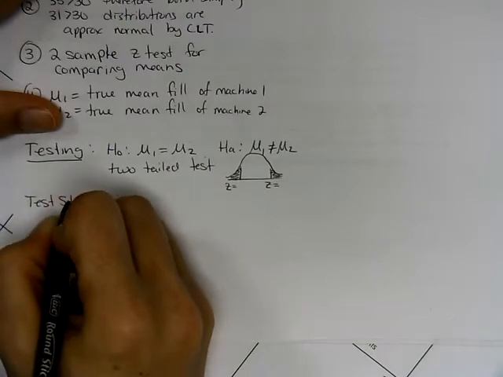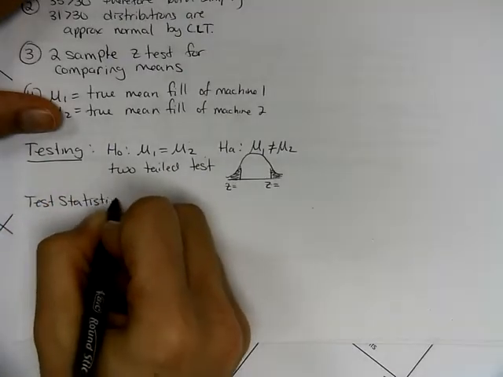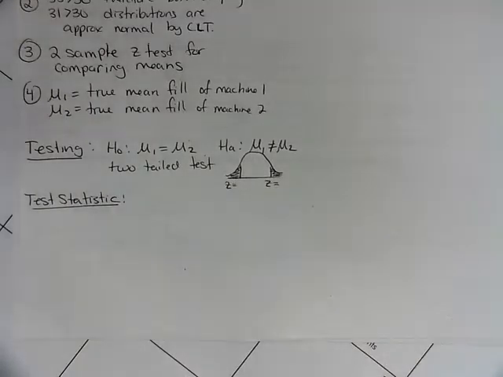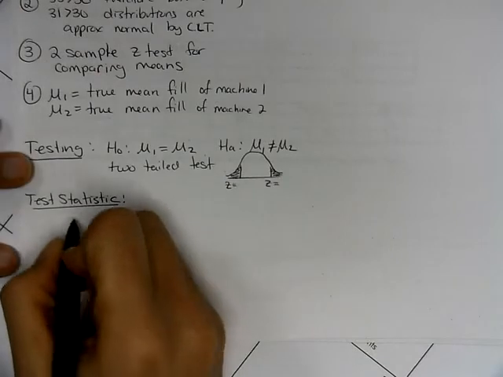So when you do your test statistic, the reason I like to get you started on writing out all your stuff is because it's easier to organize to put into your formula or your calculator. I don't care what order you give it to me.